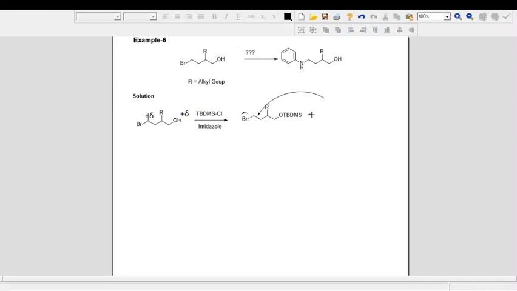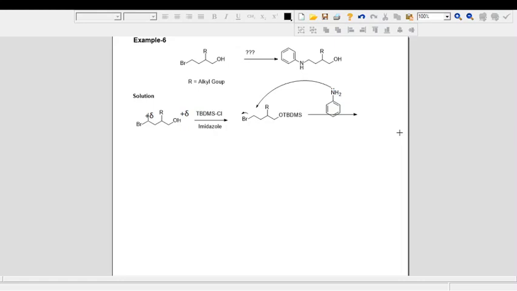Now we know that we want the aniline moiety to be incorporated in this molecule. That could be done by the nucleophilic attack of aniline here with the removal of bromide. We know that aniline bears a lone pair of electrons on the nitrogen atom.